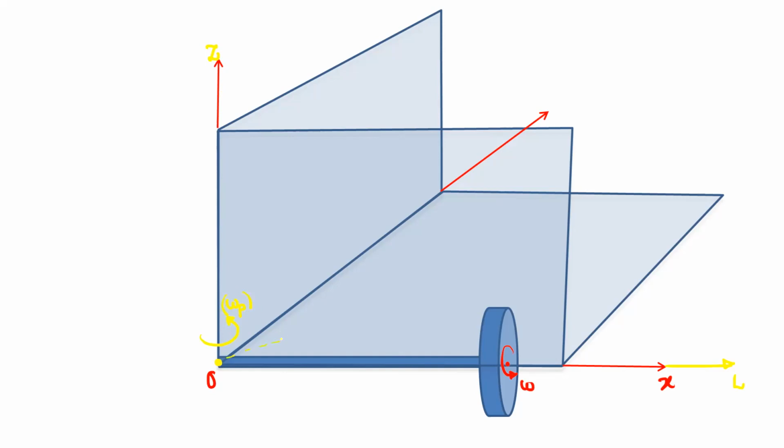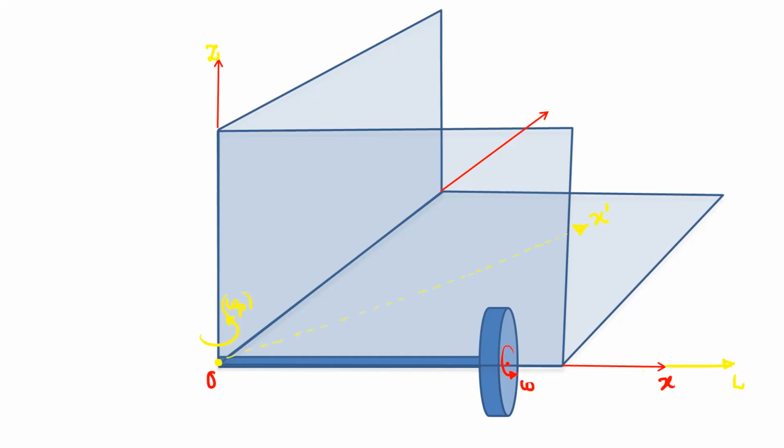So after some time interval, the orientation of this axis OX is along this direction. So this is the new position, which is OX dash.